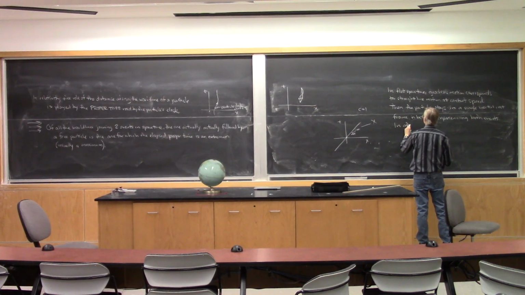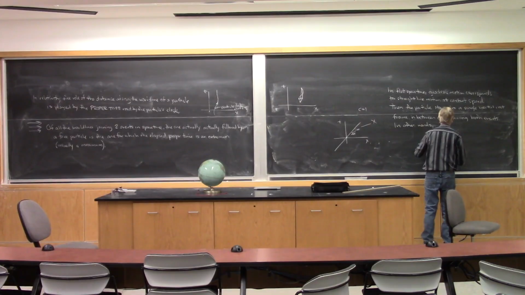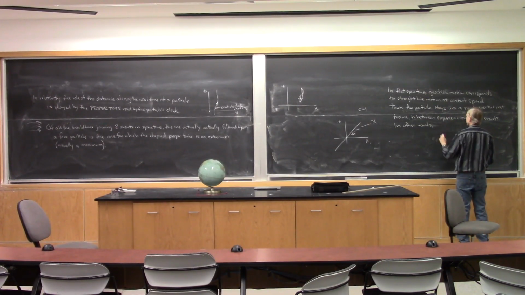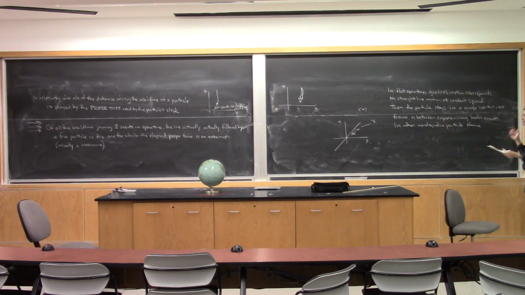In other words, the particle frame, in making its straight line at constant speed motion, in its own frame, what's it doing? It's just sitting there at rest at the origin in its own frame.